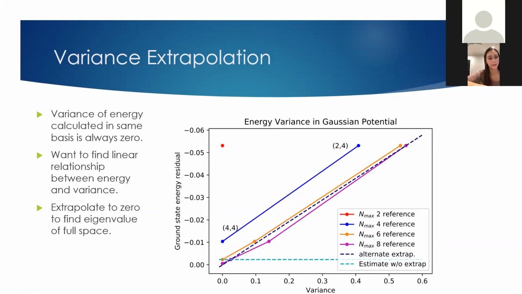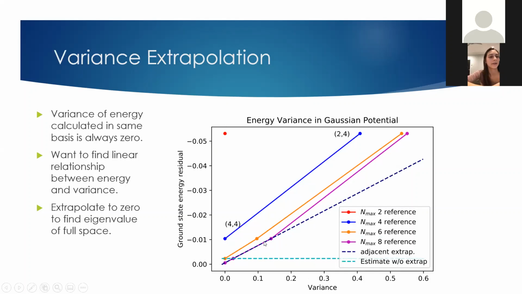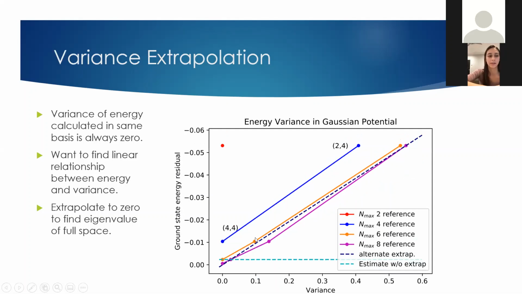But this isn't the only way you can extrapolate, because if you notice, there's a somewhat of a kink in the data right here, which is exacerbated in larger dimension sizes. So if you use alternating points, for example, you can use the energy from 2 and the energy from 6, both embedded in 8, to form a linear relationship right here.